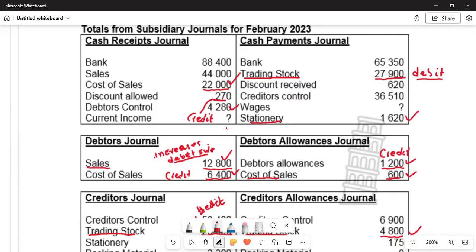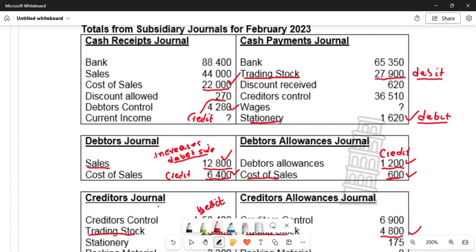We paid cash for stationery expense, so it goes straight on the debit side. If we bought the stationery and paid cash, it means we incurred expenses, so the expenses are treated on the debit side.